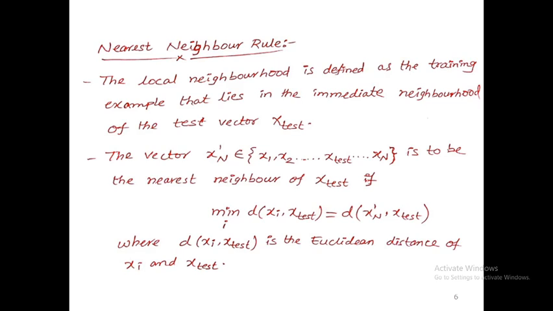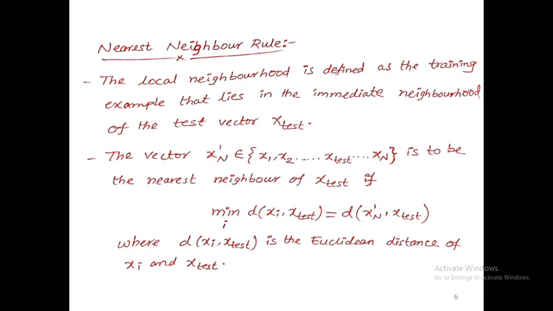So for each of the values from x1 to xn versus x test, we get one distance. Here we are giving only the minimum distance on the right side of that equal sign, right? That's why the minimum distance is equal to d of xn dash comma x test.